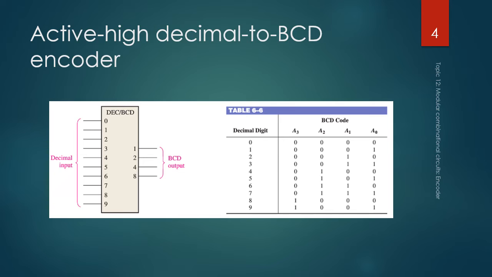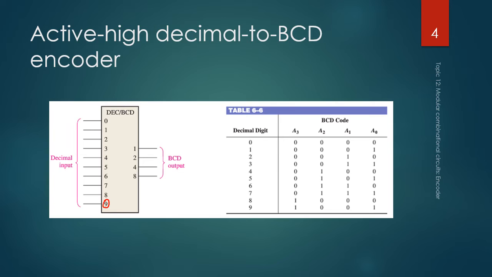So here we have the opposite. We have 10 inputs representing the 10 digits in decimal numbers, and if one or more of the inputs is active, a BCD code will be generated. And by the way, this is a priority encoder, and the higher number has a higher priority.